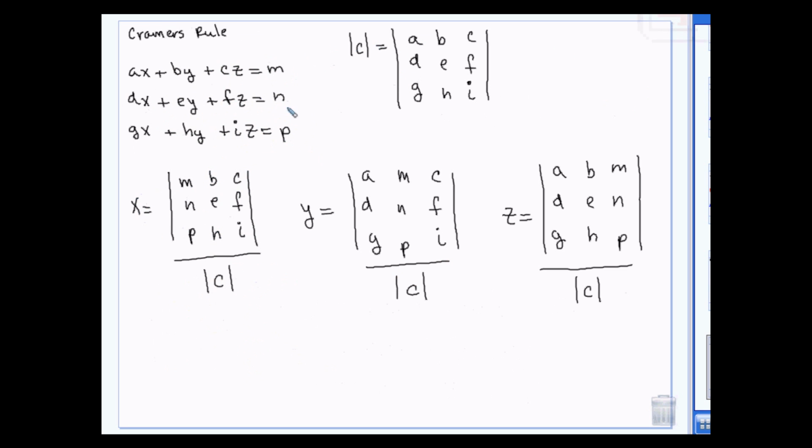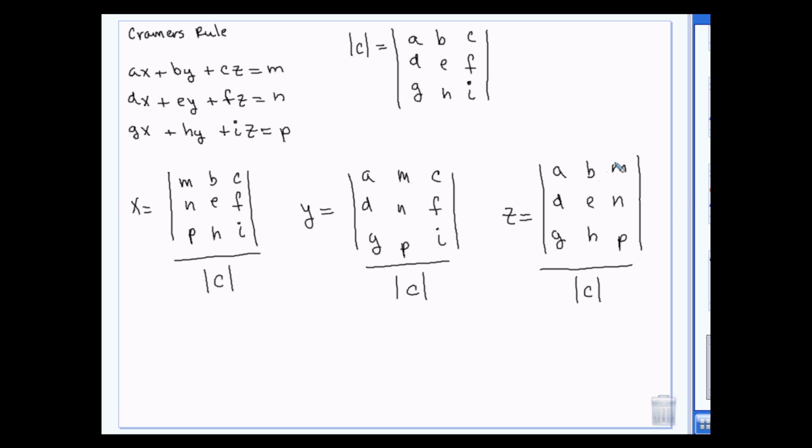Here's the pattern. So I have A, B, so I have A, D, G, B, E, H, C, F, I, right? So these are the X's. These are the Y's. These are the Z's. And these are the, we'll just call them answers for lack of a better word. So if I'm trying to find X, I take that X column out and replace it with the answer column. When I'm trying to find Y, I take the Y column out and replace it with the answer column.